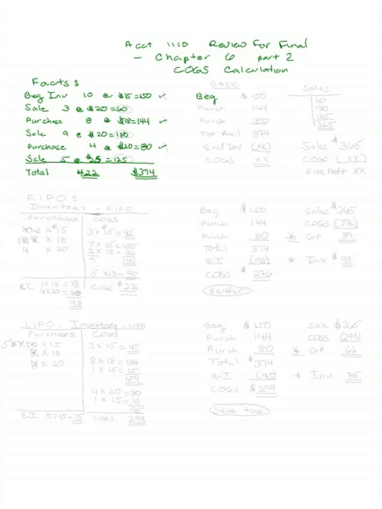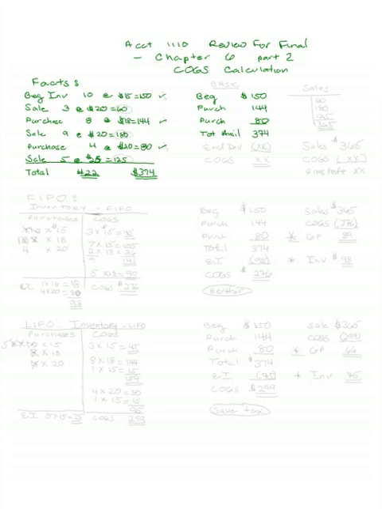We had beginning inventory, the amount of $150, and then we had our first purchase, which totaled $144. Then we had another purchase, which totaled $80. So our total available, as you can see, was $374.